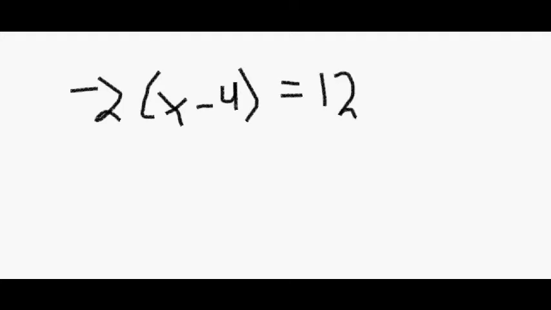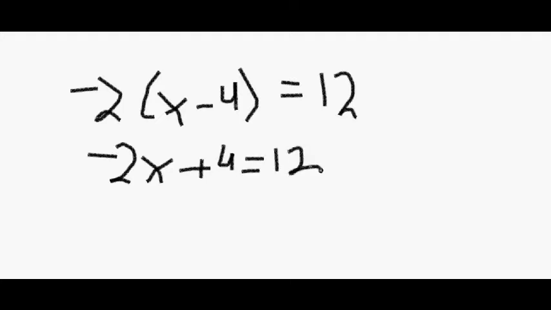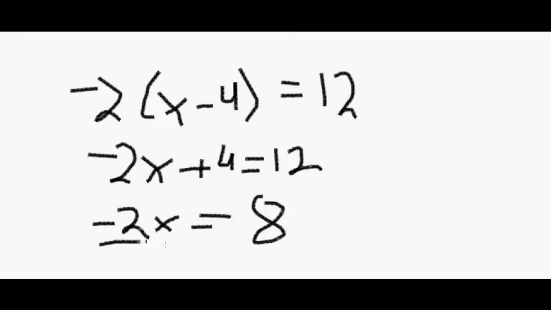Same thing, we have to do distribution property. Negative 2 times x is negative 2x. Negative 2 times negative 4 is positive 4, right? Equals 12. Well, we have to subtract 4 from both sides. So we have negative 2x equals, after we subtract 4 from both sides, 8.